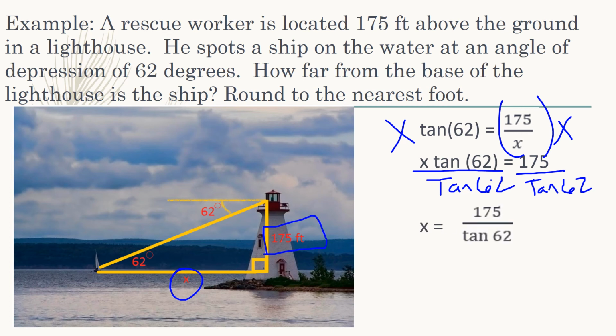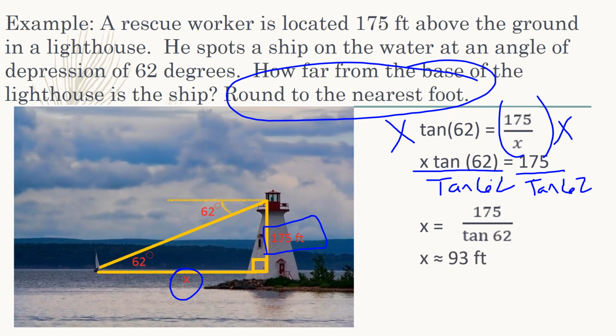And our exact answer is x equals 175 over tangent of 62. But they asked us to round to the nearest foot. So we're going to put that into a calculator. 175 divided by the tangent of 62. We get approximately 93 feet. So the ship is 93 feet from the base of the lighthouse.